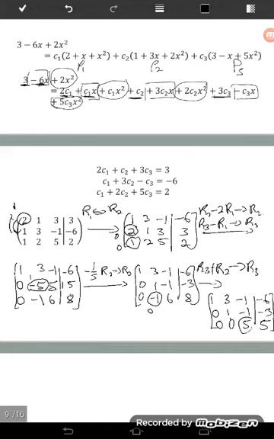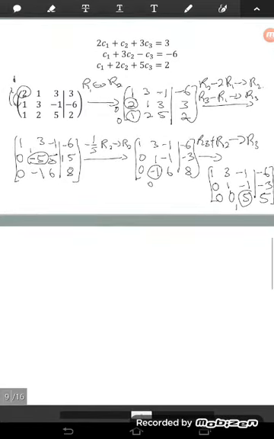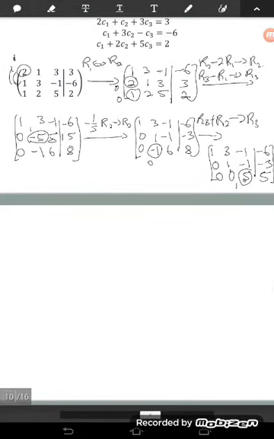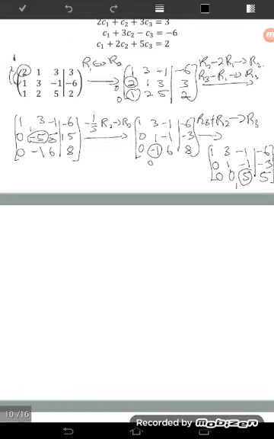And then making this one become 1. To make this one become 1, I use row number 3 times 1 over 5. So 1 over 5 times row number 3 and put it back at row number 3.